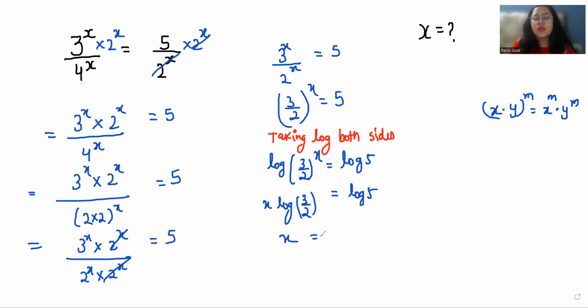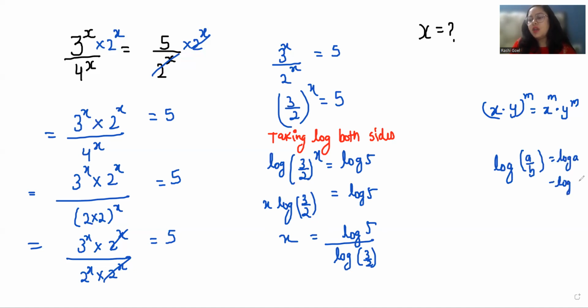So x is equal to log 5 by log (3/2). So according to the log rule, log (a/b), we can write it as log a minus log b. So x is equal to log 5 by (log 3 minus log 2).